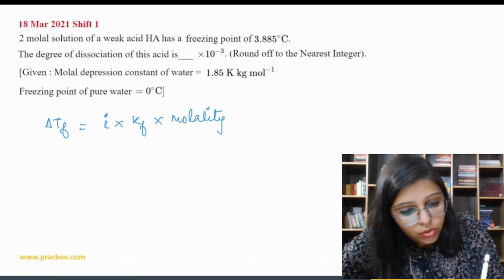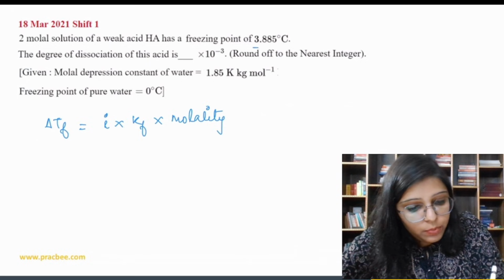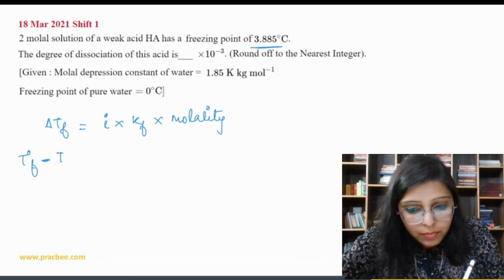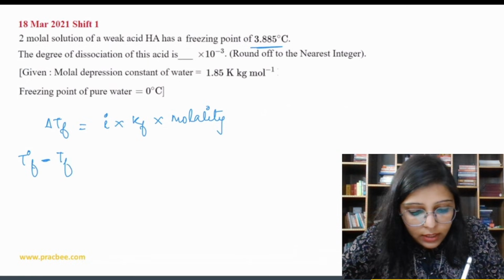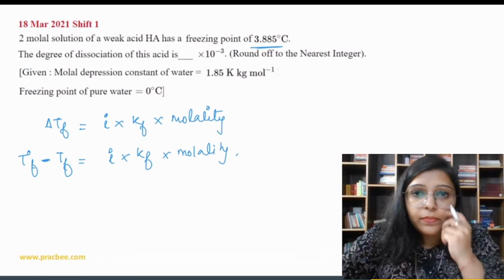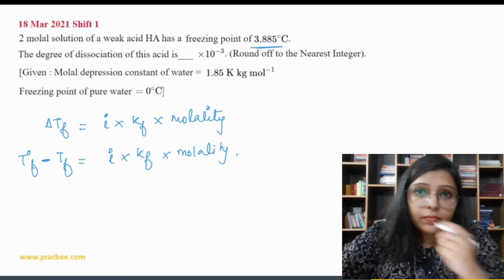Okay. So delta freezing point is this, right? So we can say T naught F minus TF is equal to i into KF into molality. Okay beta, clear? Okay.